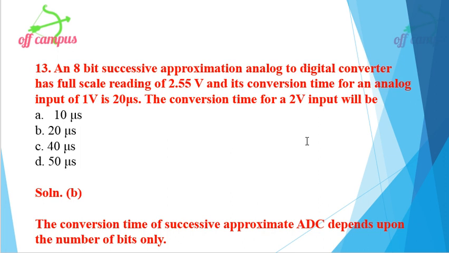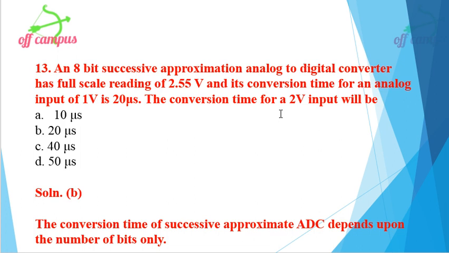First of all, it is an n-bit SAR, successive approximation analog to digital converter. Full scale reading voltage is given as 2.55 volt. For input 1 volt, the conversion time is 20 microseconds. We need to find out the conversion time for 2 volt input.